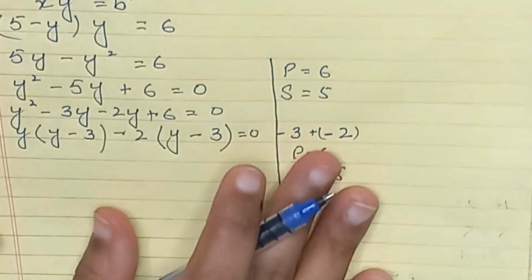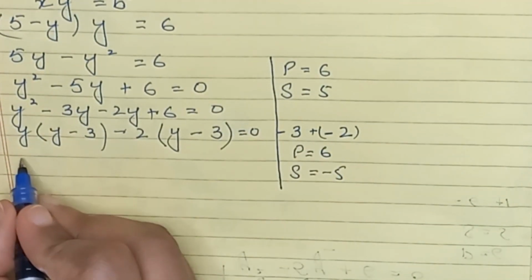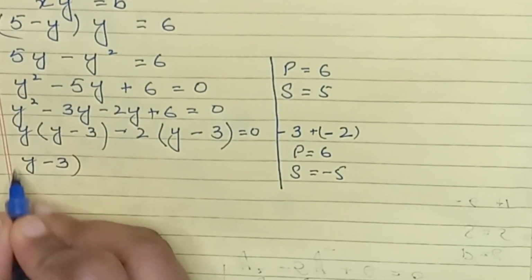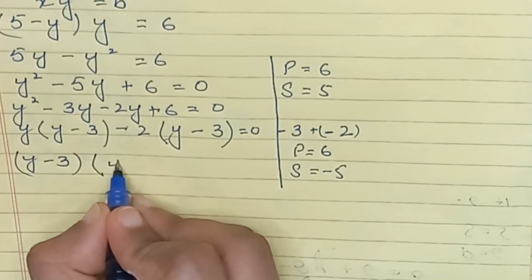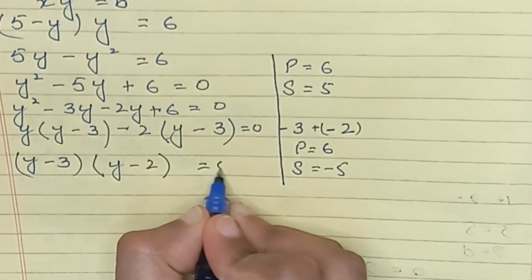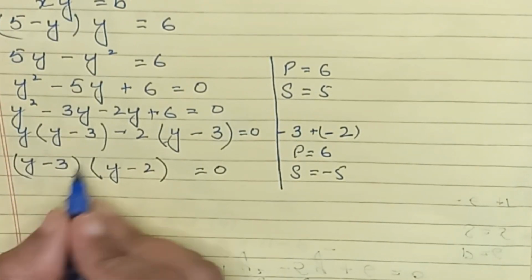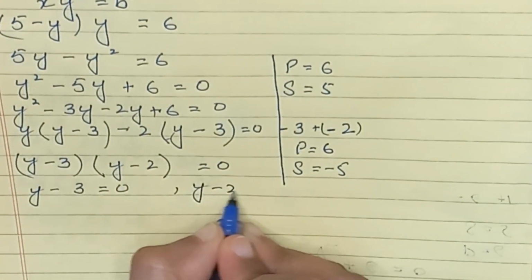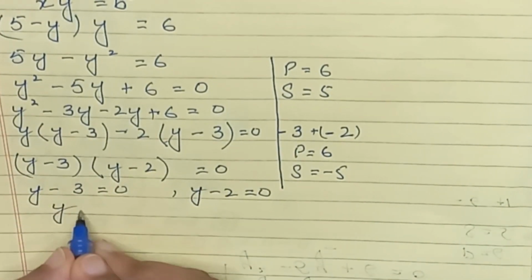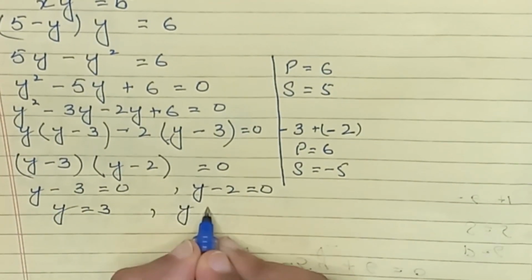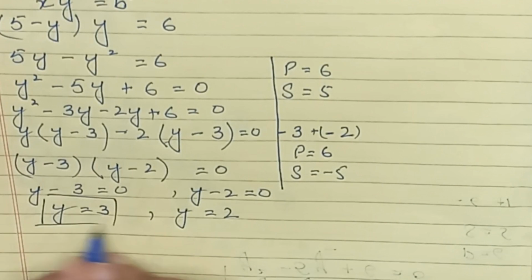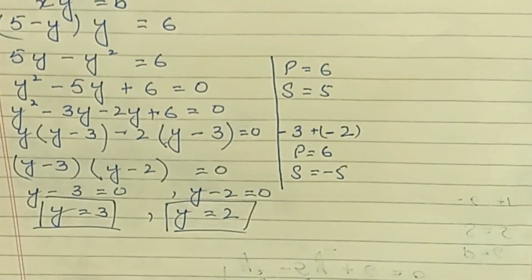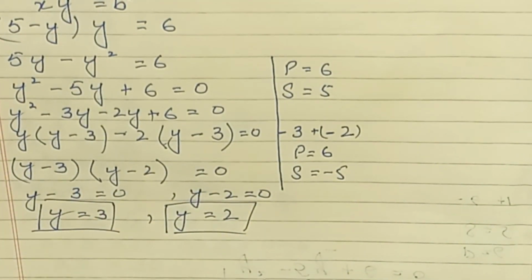So from here we have y minus 3 common, and y minus 2, which is equal to 0. Here we have again two cases: y minus 3 is equal to 0 and y minus 2 is equal to 0. So y is equal to 3 and y is equal to 2. But now we will find the values of x from these values of y.